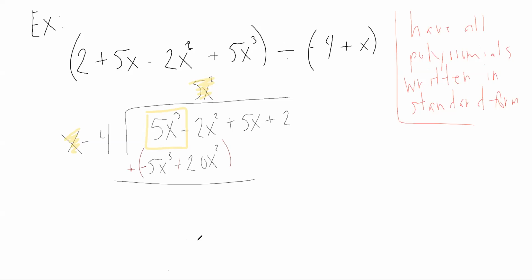So now I can say negative 2x squared plus 20x gives me 18x squared. Negative 5x cubed minus 5x cubed is going to cancel. It should always cancel. If it doesn't cancel, you did something wrong.